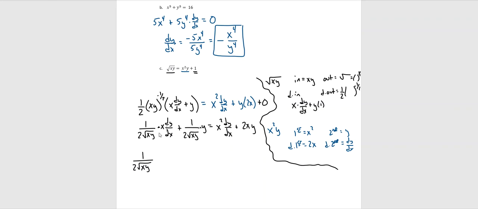Actually, here's what I'm going to do. I'm going to make it a little bit easier to look at. 1 times x is x, and then I'll put the dy dx here. I'm going to subtract my x squared dy dx. I have my 2xy on the right, and I will subtract this term, which is minus y over 2 square root of xy.